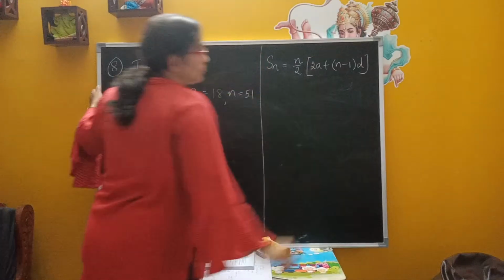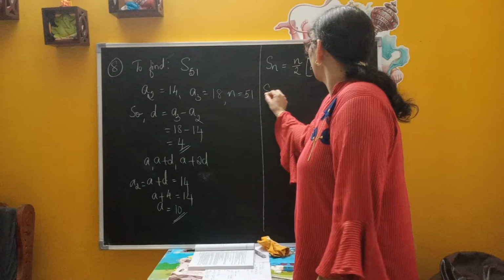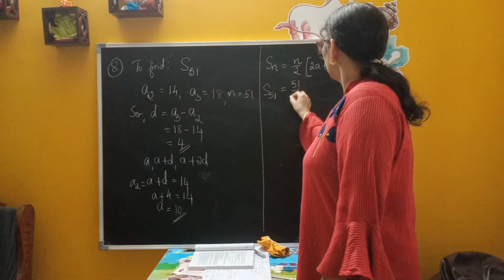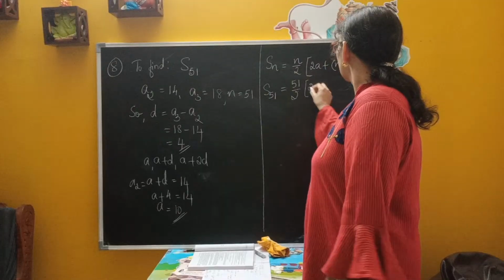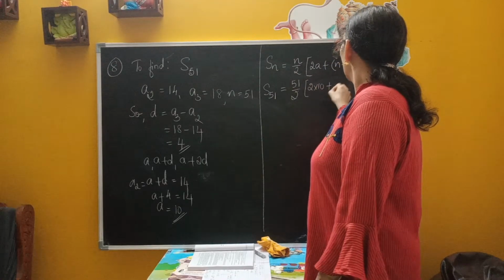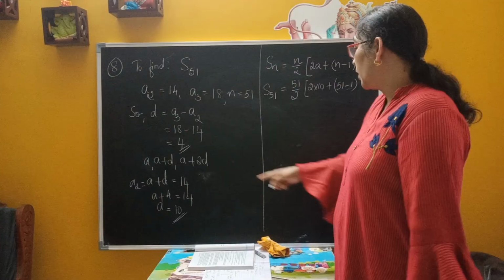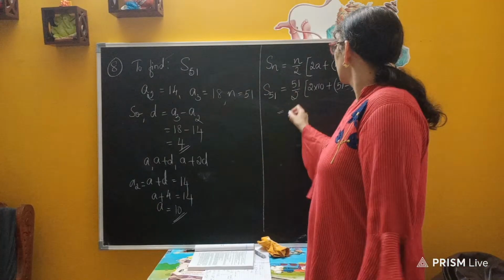So S51 is equal to 51 by 2 into 2a, where a is 10, so 2 into 10, plus 51 minus 1 into d, where d is 4.